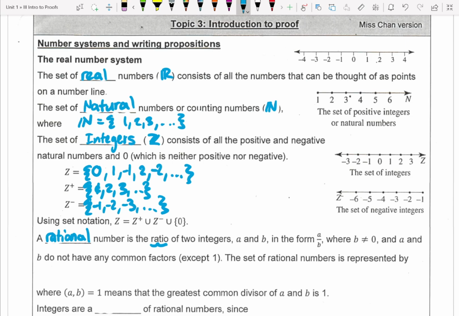The set of rational numbers is represented by a boldface Q, like a Q but with a diagonal across the circle.